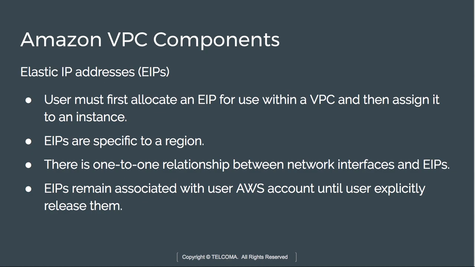A user can move elastic IP addresses from one instance to another, in the same virtual private cloud or a different one, but in the same region. There are charges for EIPs allocated to user accounts, even when they are not associated with any resource.